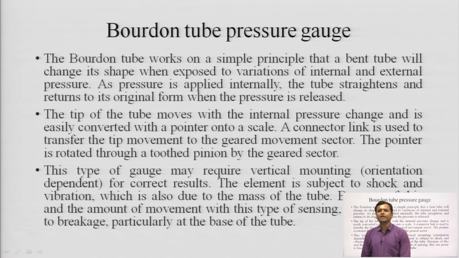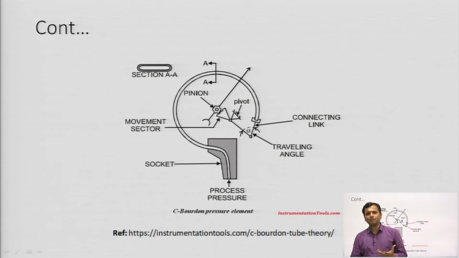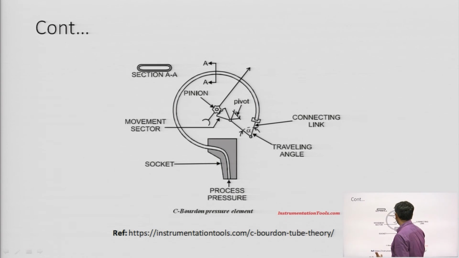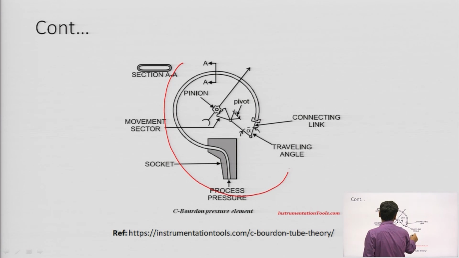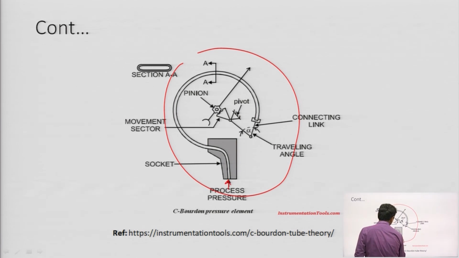Now, the next category of pressure gauge is the Bourdon tube pressure gauge. Its working is like the diaphragm gauge we have seen. This is the C type Bourdon tube, where the pressure is applied over here.